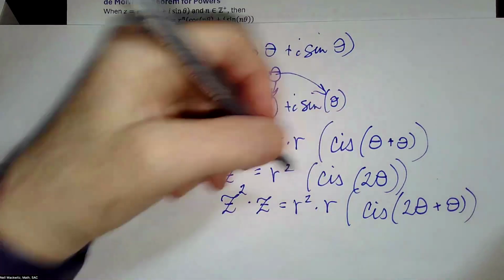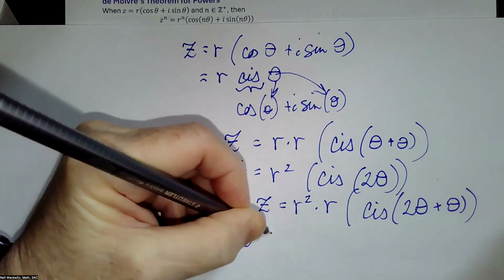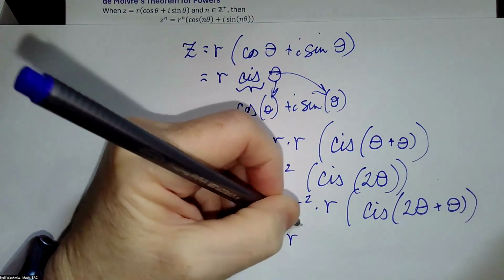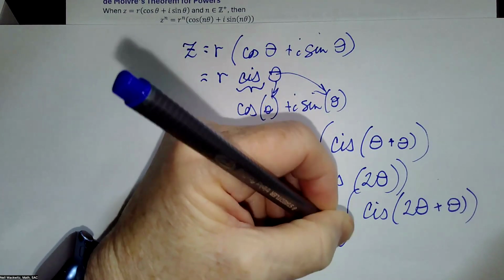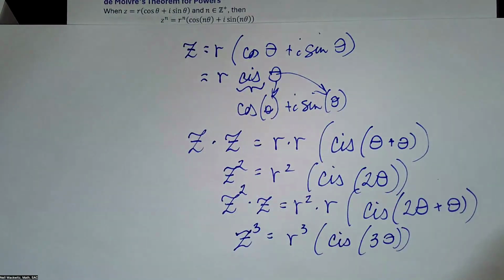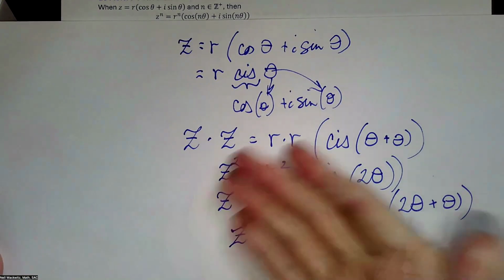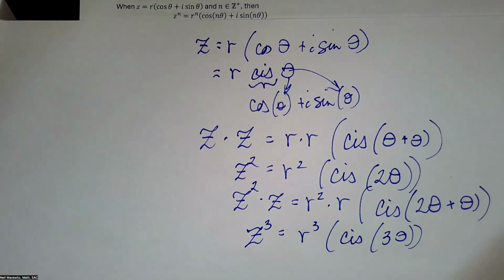If we add and multiply, we get that z cubed is r cubed cis of 3 theta. And this isn't really a proof, but you can see that this process can be generalized.